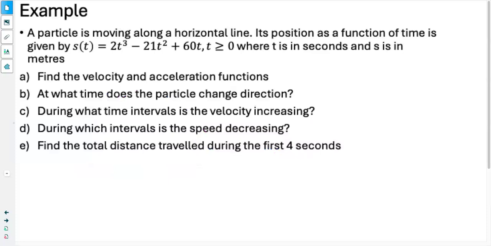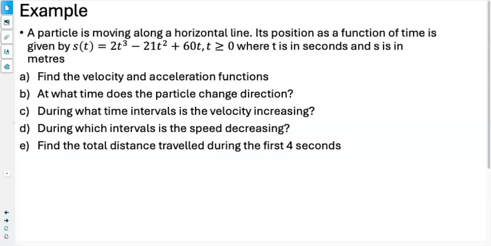Okay, so we're going to look at an example. A particle is moving along a horizontal line. Its position as a function of time is given by s(t) equals 2t cubed minus 21t squared plus 60t, where t is equal or greater than 0, and our t is in seconds and s is in meters. We want to find our velocity and acceleration functions.